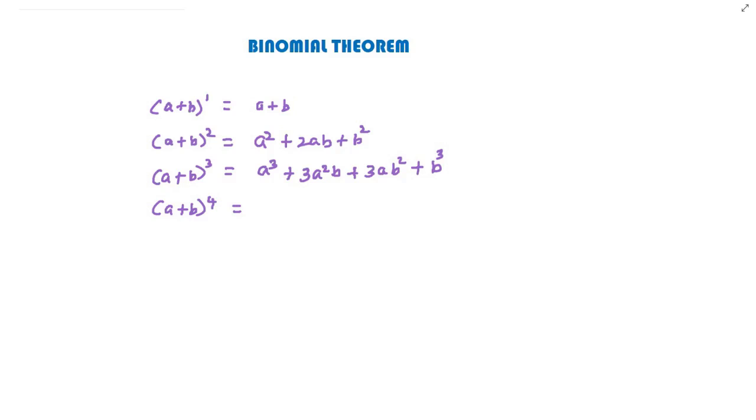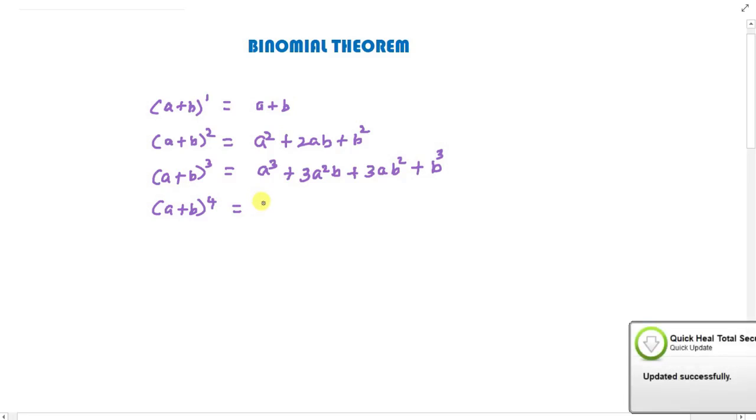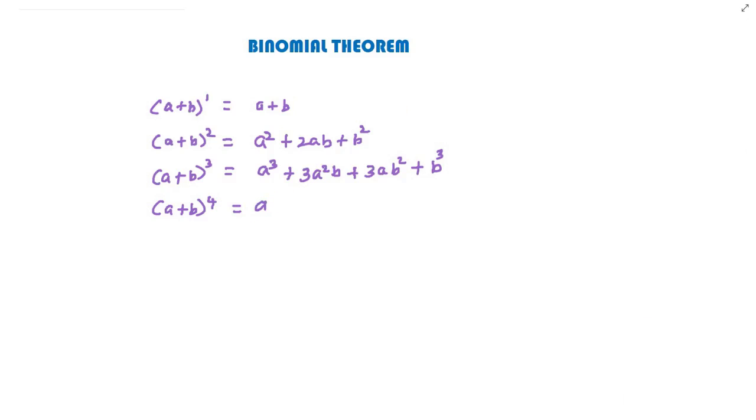Okay. Now I am writing the first term, a power 4. What about the next term? You see the previous two examples. The first term is a cube. In the second term, the power of a is reduced by 1, so it is a square.